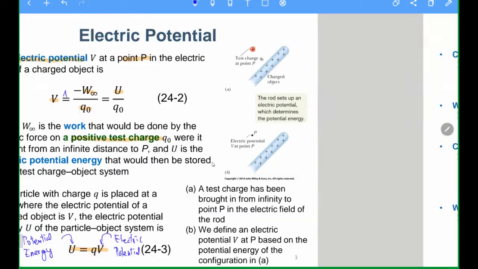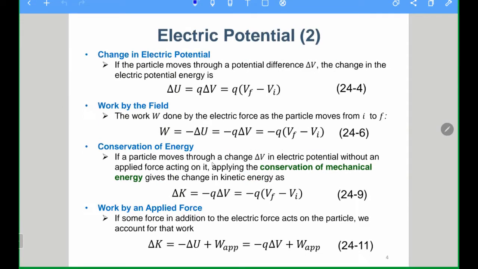So we have a simple formula. If we need to move a charge from the initial electric potential to the final electric potential, then we need to change the potential energy, just like what you have learned in mechanics.